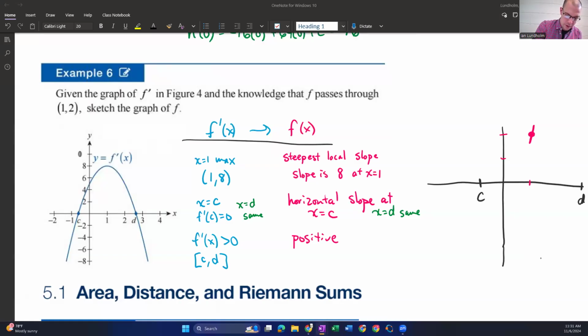Sorry, I should have written open interval from C to D down here, because we do actually equal 0 at C and D. Positive slopes on the interval C to D. So yeah, we're going to have positive slopes for that entire time.